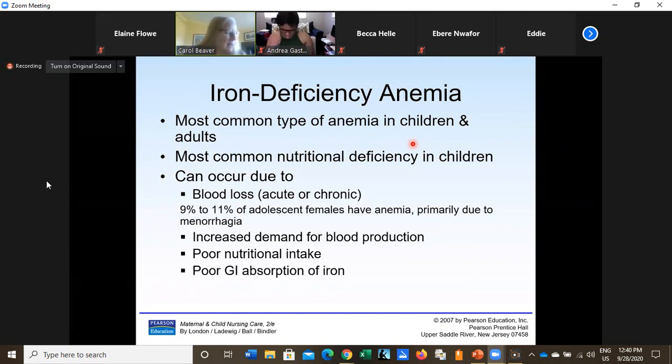And excessive iron loss that results from chronic bleeding is the usual cause of iron deficiency anemia in adults. It might be from slowly bleeding peptic ulcers and GI inflammation and hemorrhoids and cancer. Menstrual blood loss is the most common cause in adolescent and adult females too.